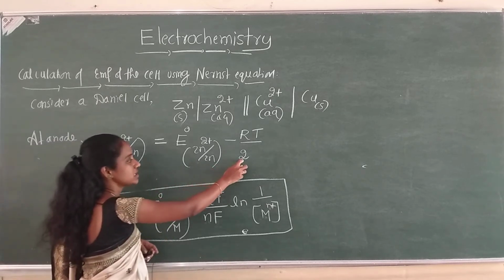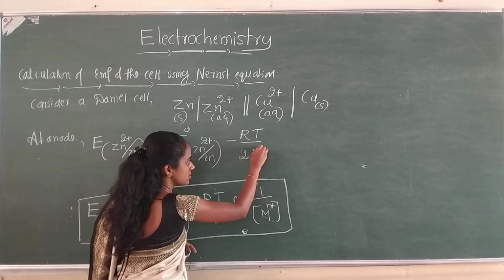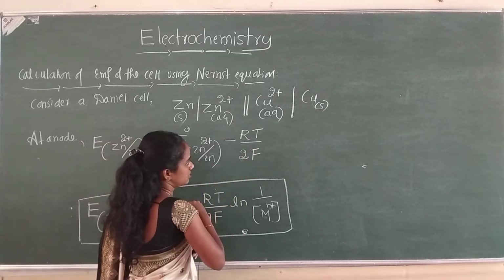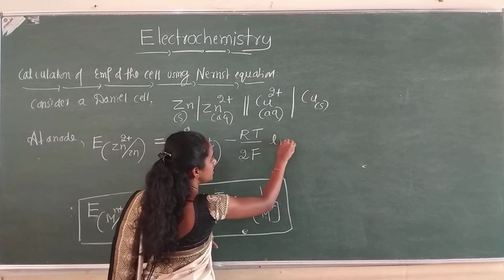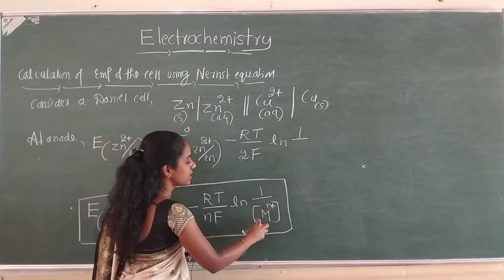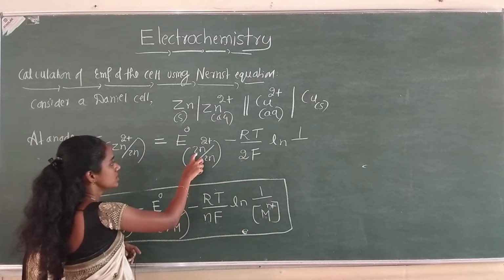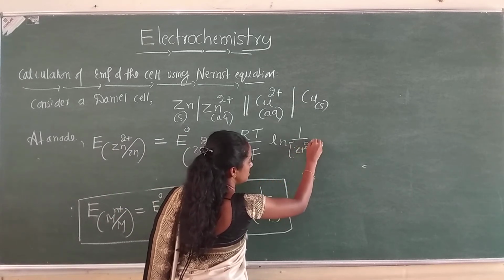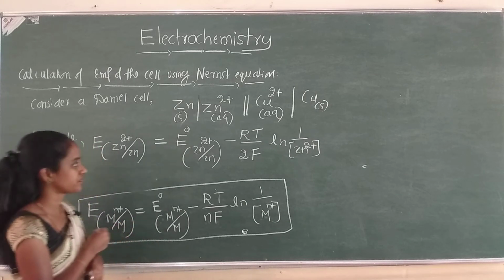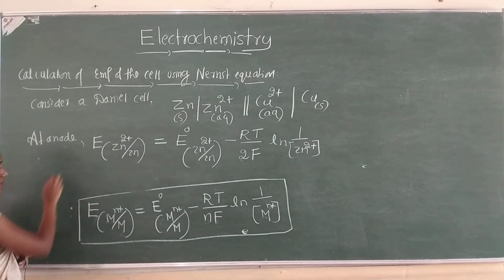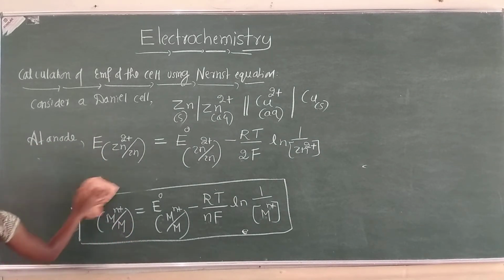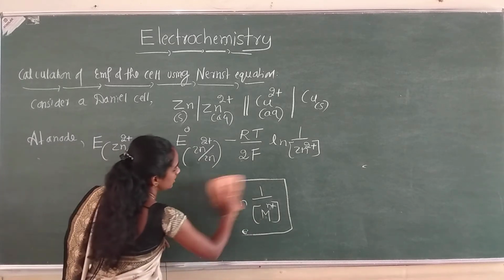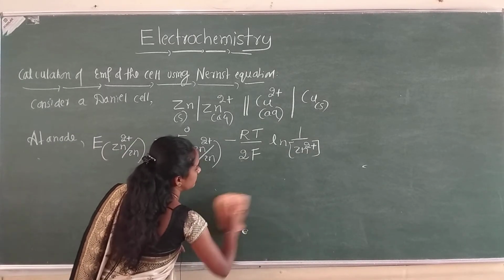Therefore I will write 2 here, and F let it be there. Next, ln 1 by the metal in the oxidized form. So for zinc, the oxidized form is Zn2+. This is for the anode.